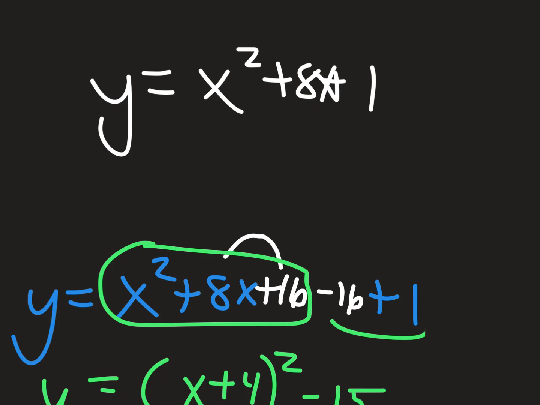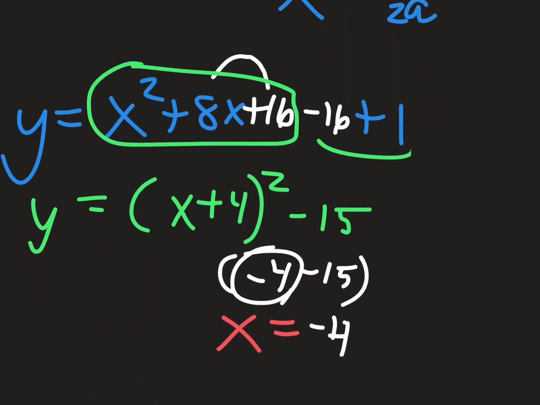Do you remember it? Who thinks they have it? Okay, we got like 6, 8 people. All right. If you don't remember this, negative b over 2a. Now you might feel like, wait a minute, isn't that right out of the quadratic formula? Yes, it is. And I want to have you see why that kind of goes together.